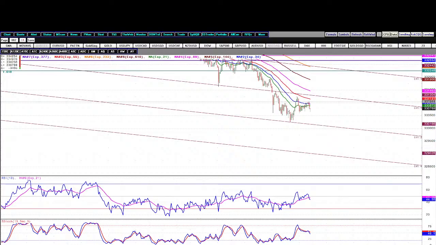So we are going to do a cautious sell gold lot 0.2 at 3318, stop at 29, and another sell at 3326, stop at 33, and the TP is 3303 half and 3296.